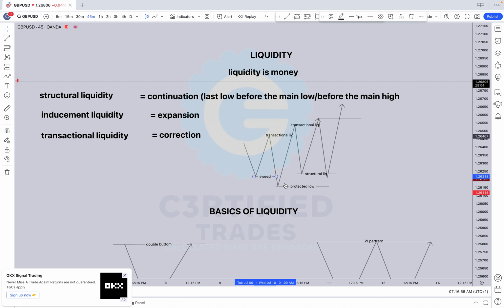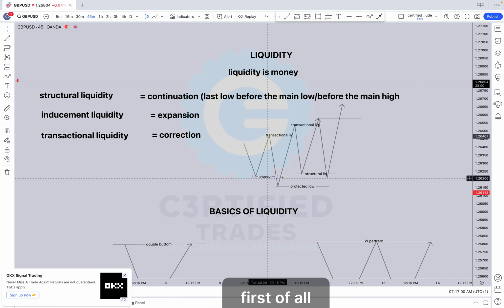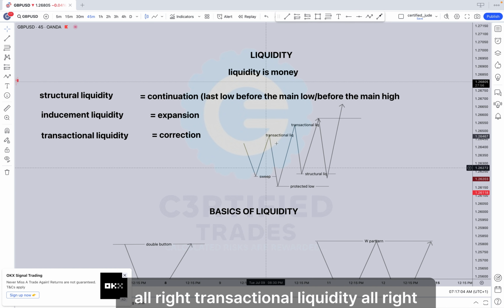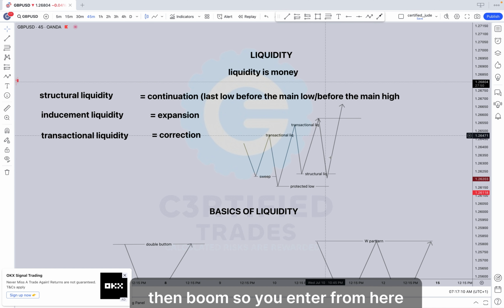All right, first of all, what do you look out for? Your sweep. First of all, sweep. All right, transactional liquidity. All right, structural liquidity. Then boom, so you enter from here.